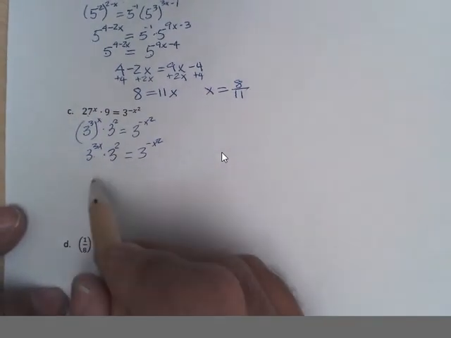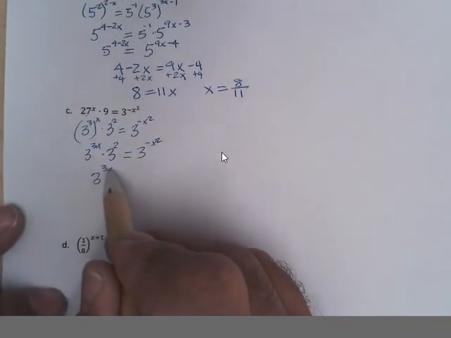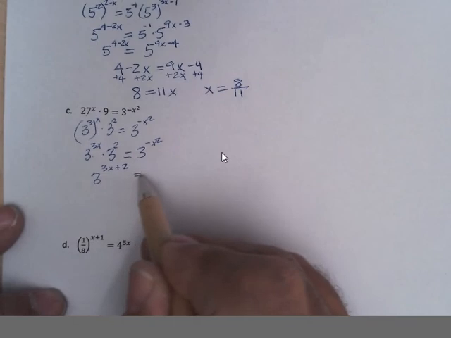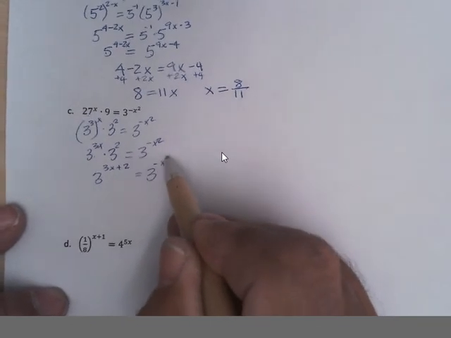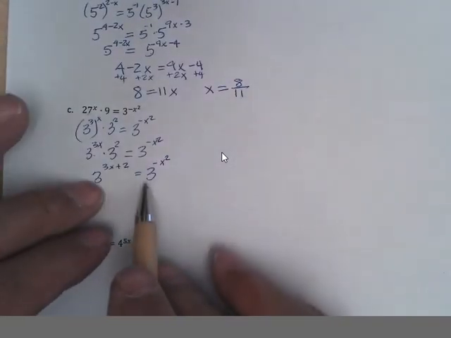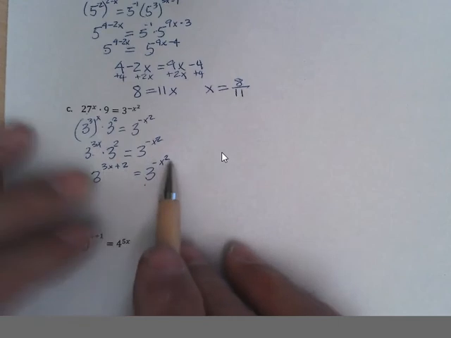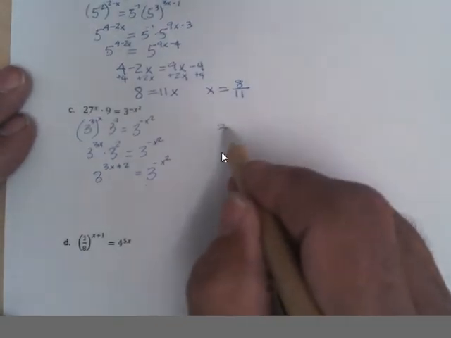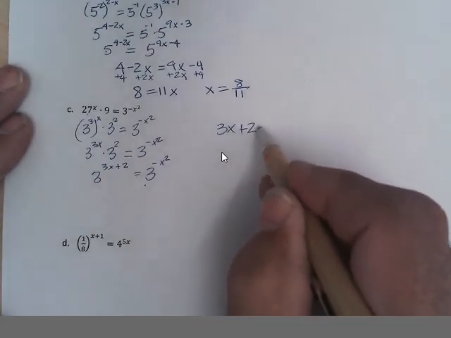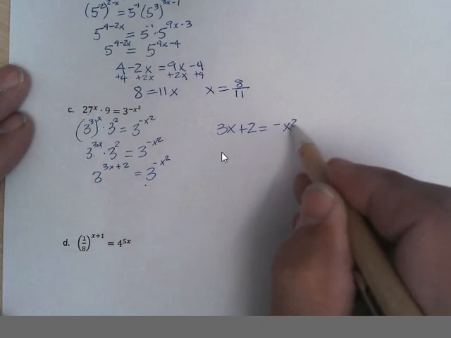So we add here, so we got 3 to the 3x plus 2 equals 3 to the negative x squared. Like bases, equal, so the powers have to be equal. So 3x plus 2 has to equal negative x squared.